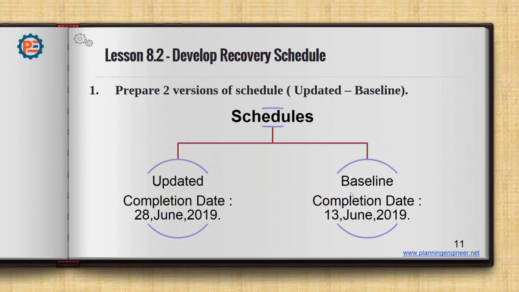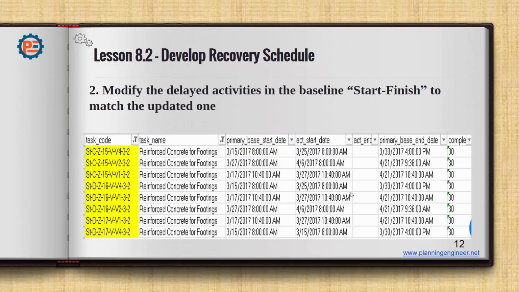In our case study, we shared with you two schedules, the updated schedule and the baseline schedule, and a third one, the baseline with the delays. So what we are going to do in order to maintain our baseline and shift the dates is, simply, create a comparison sheet.